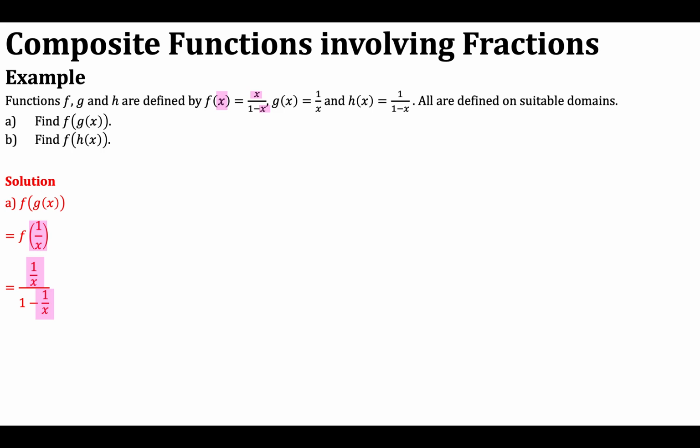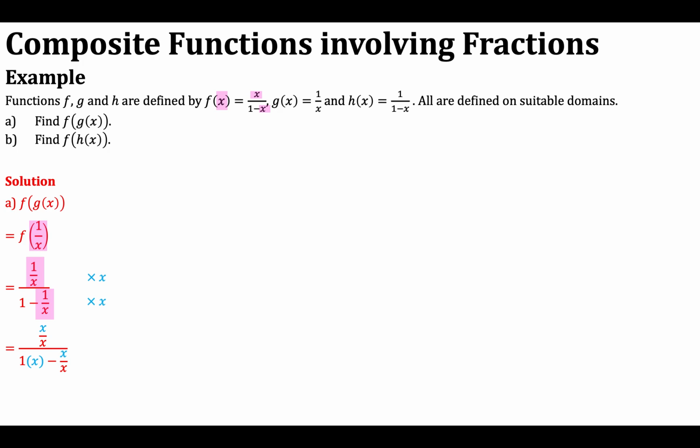In this case, the denominator of the fractions sitting inside the bigger fraction is x. So I'm going to multiply throughout by x. The numerator, 1 over x multiplied by x, gives me 1, because it's x over x.